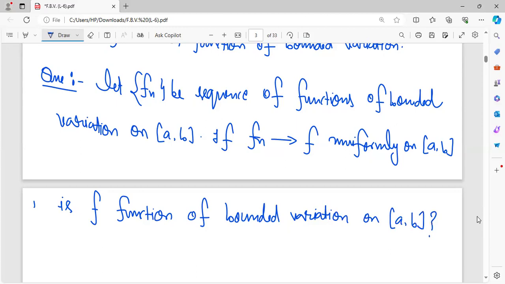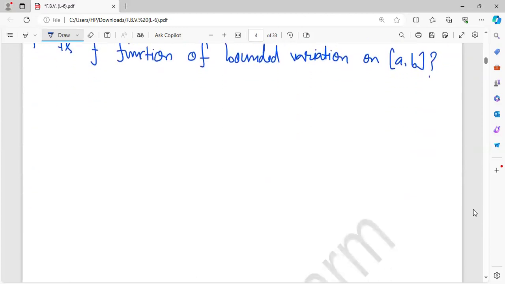The answer is no. A uniform limit of functions of bounded variation need not be a function of bounded variation.